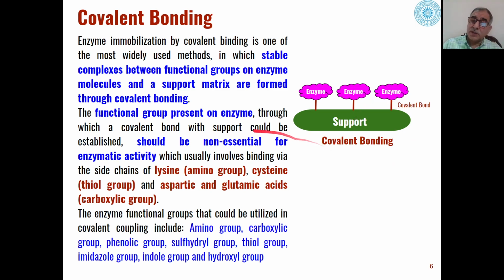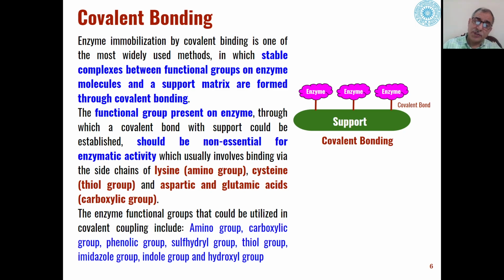So the functional groups which are present on the enzyme and are used for covalent bonding should be other than the functional groups which are responsible for the enzymatic activity. So the functional groups which are used are non-essential for enzymatic activity. Otherwise, if the functional group for enzyme activity is used for covalent bond formation with the support, then the enzyme will become deactivated.